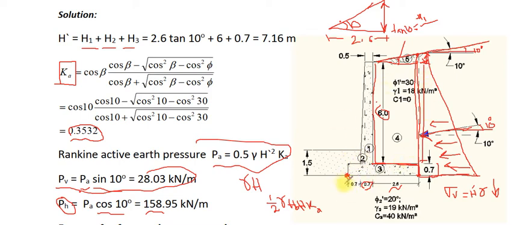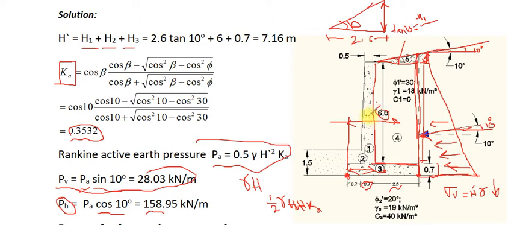Therefore, we have to obtain the arm from the center of each section area. For example, this section from this center to this point, the distance is 2.6 or 4.2. And from this section also, the center of this section to this point. This is the arm of the moment.